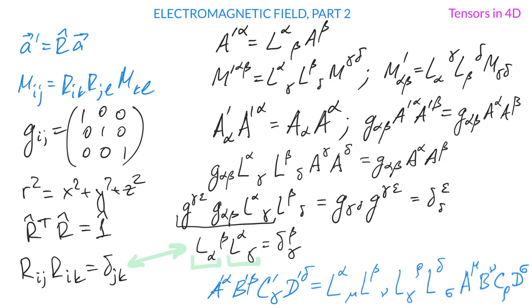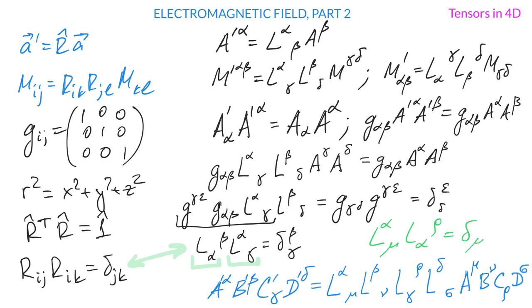If we contract alpha and gamma, the indices alpha and gamma in this expression on the right will become identified. So then these two matrices will form a product that looks like L^alpha_mu L_alpha^rho. But we've just seen that this is simply a delta symbol.